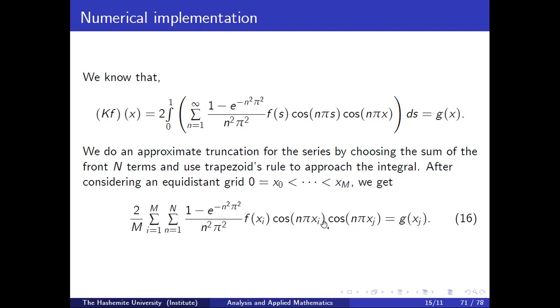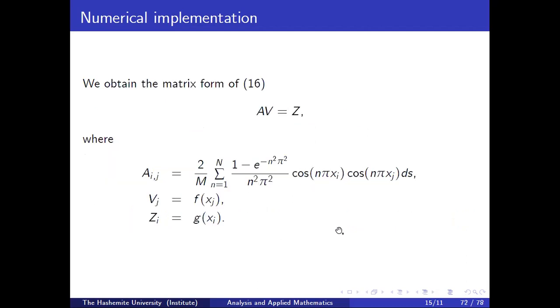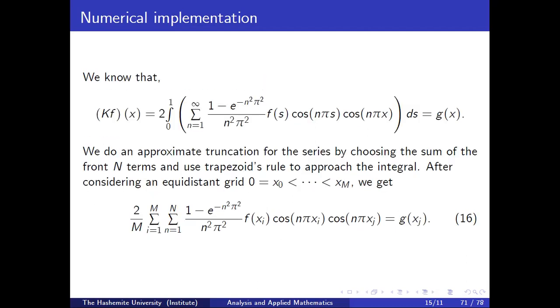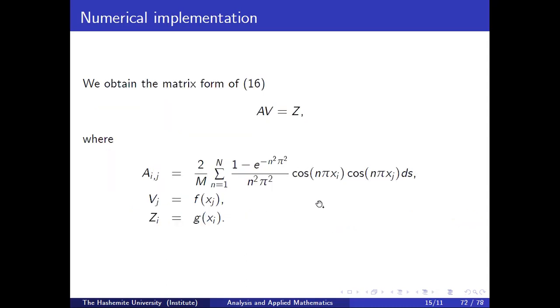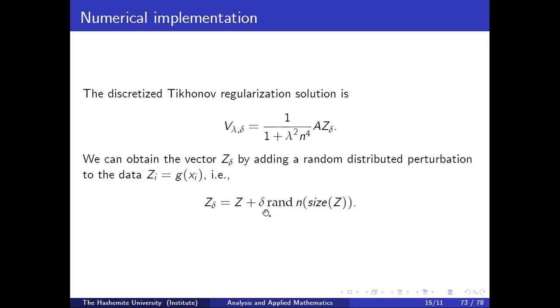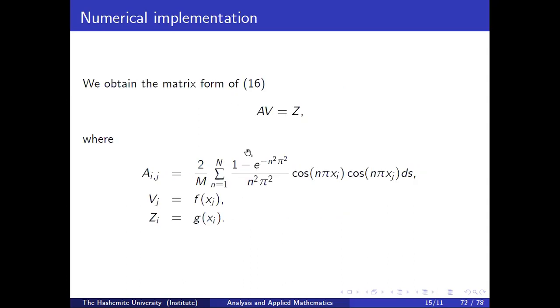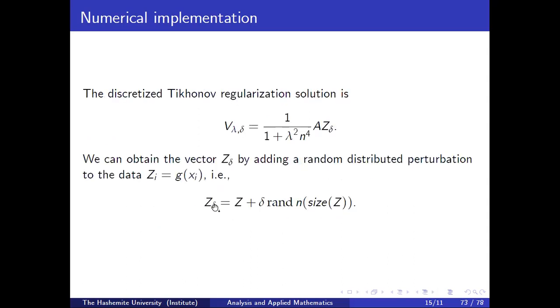So this is the formula we're going to use. And now we can transform this formula into a linear system, which is very simple. And again, V contains the values of F we are looking for. This is now the formula in matrix notation.